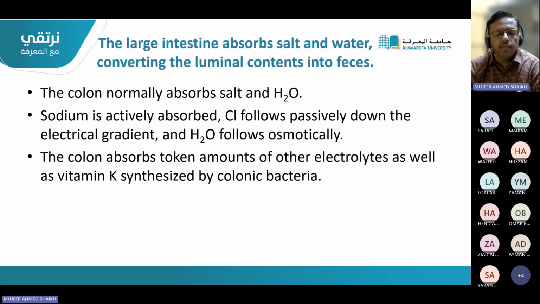The bacteria also synthesize vitamin K. They keep the immunity of the intestine intact and keep the intestine healthy. Contractions will be stronger if the bacteria are there. These are not harmful bacteria.